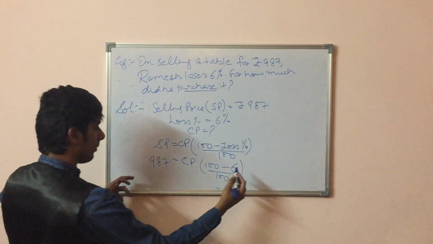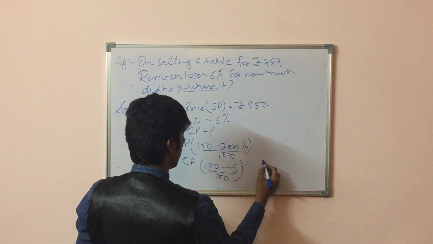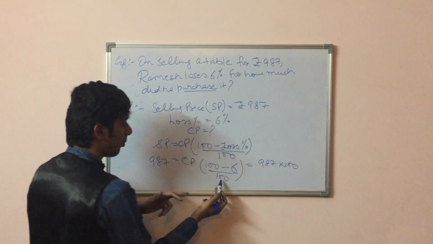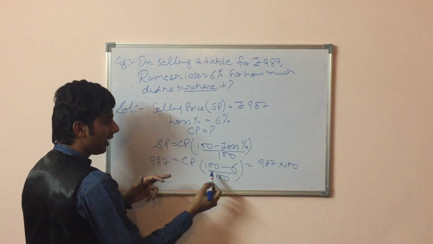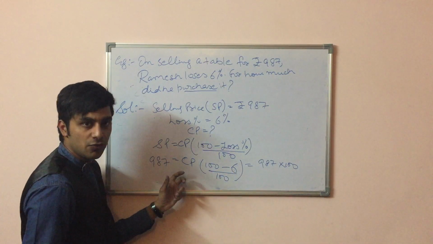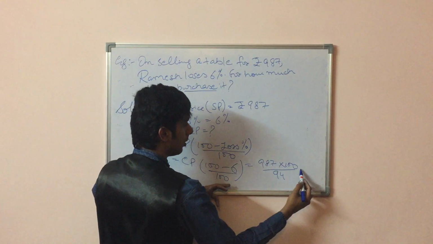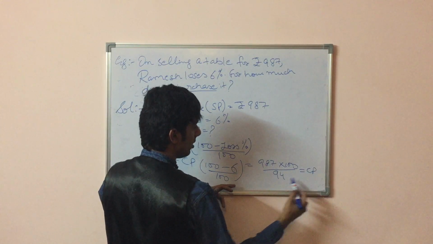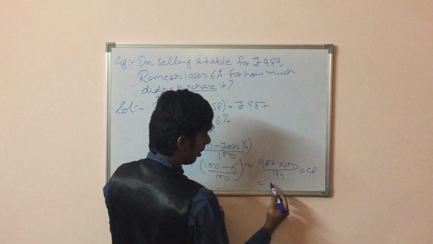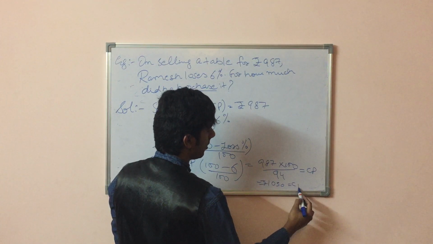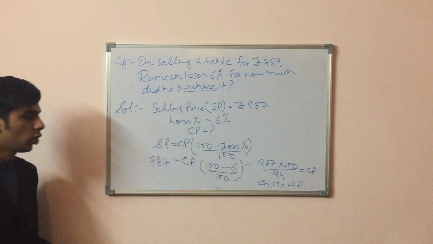So it will be 987 into 100, this denominator will go to this side and multiply, and 100 minus 6 is 94, and 94 will come down over here and it will go to CP. So I think it comes out to be 1050. That's our CP, which is called the cost price.